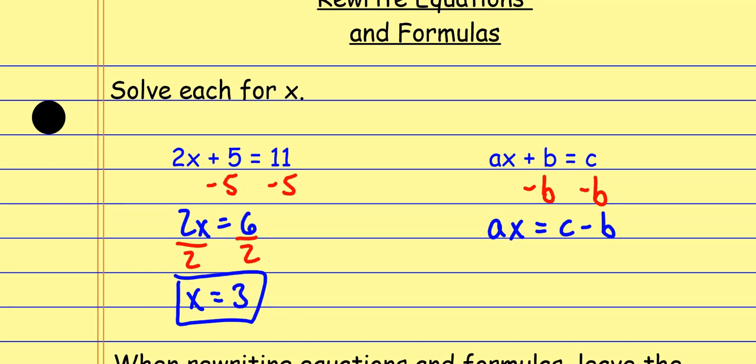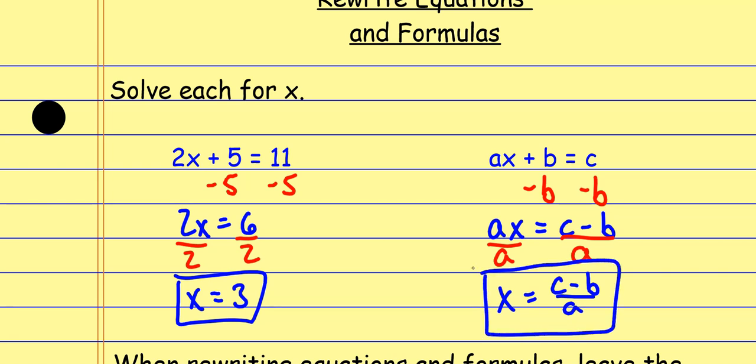If I take the next step now, I have A times x. To undo multiplication, I do division. So to undo multiplying by A, I divide by A. And now this literally says C minus B divided by A. And I can't simplify any of that, so I leave it as C minus B divided by A. Okay?